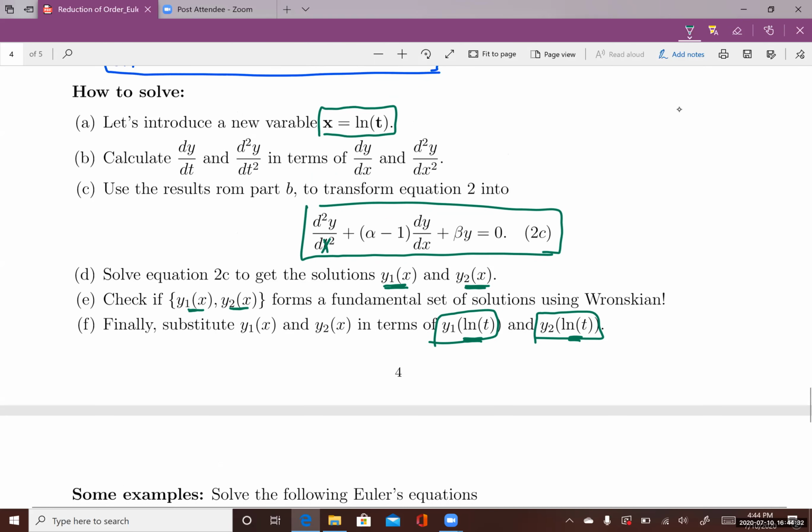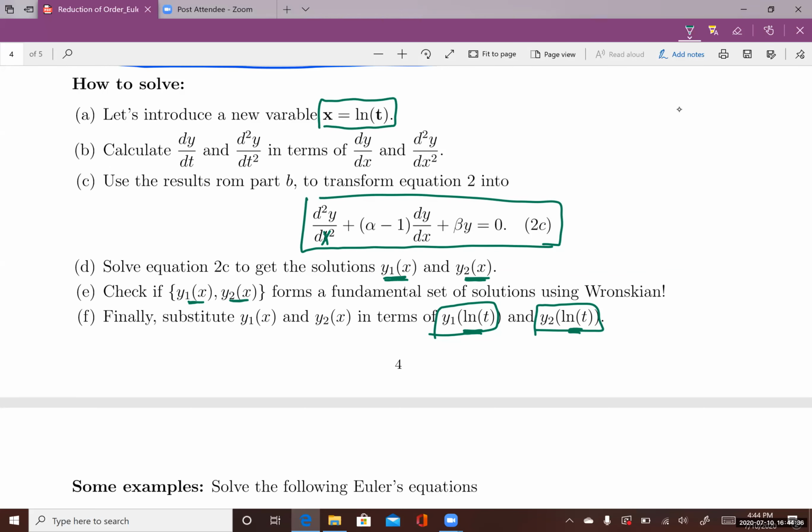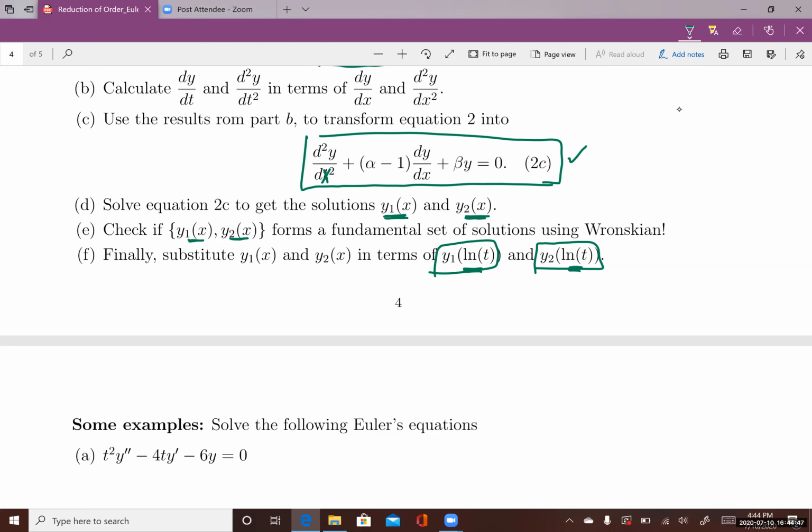So recognize Euler's equations, transform it into these equations, solve for y in terms of x, and replace x by ln t to get your final solutions.